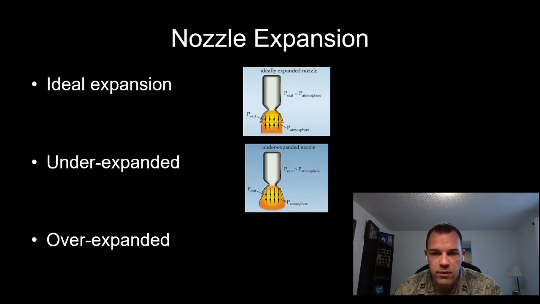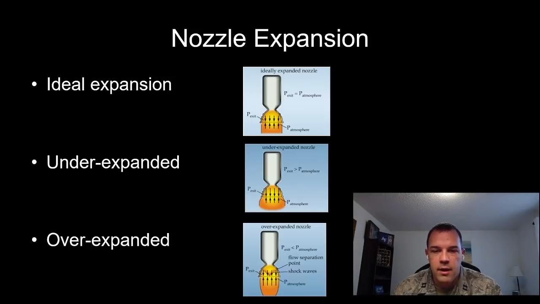Finally, we have an overexpanded condition where we have converted too much of that pressure into velocity, and we're losing some thrust due to the velocity vector misalignment and some pressure thrust back up the nozzle. So you'll see those shock diamonds in the flow here, and we're going to cut out for a quick second to a video of the new SpaceX Raptor engine test firing.